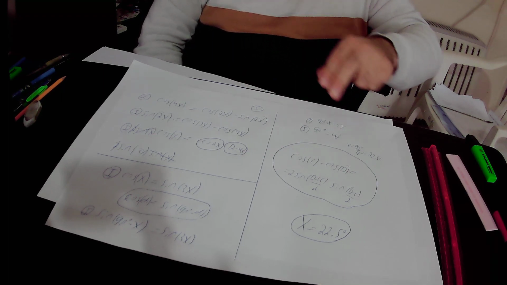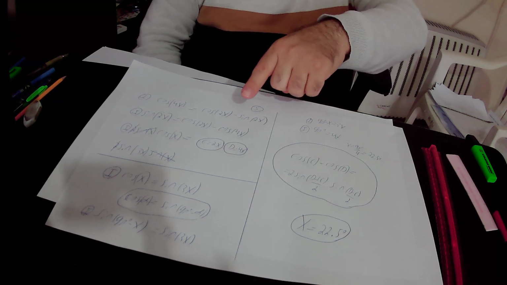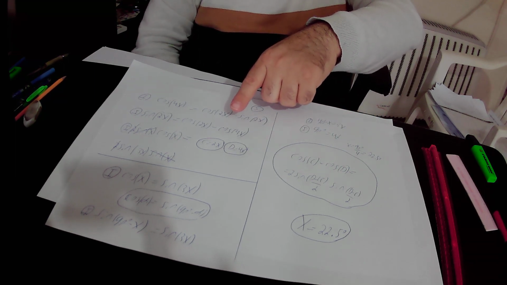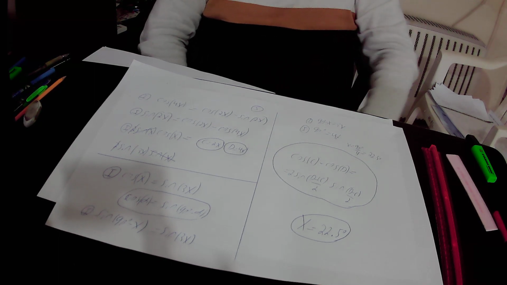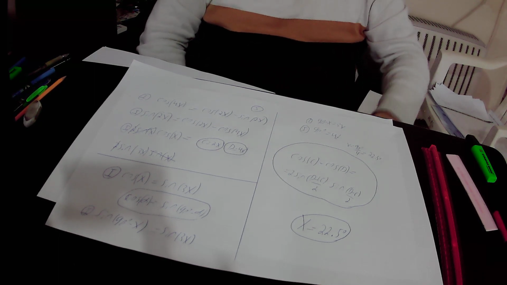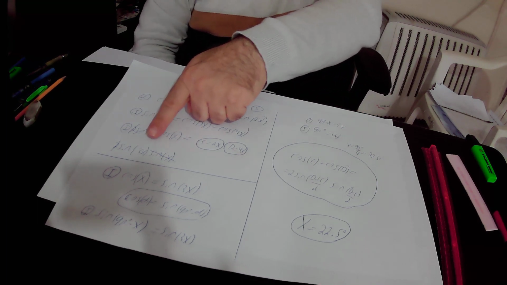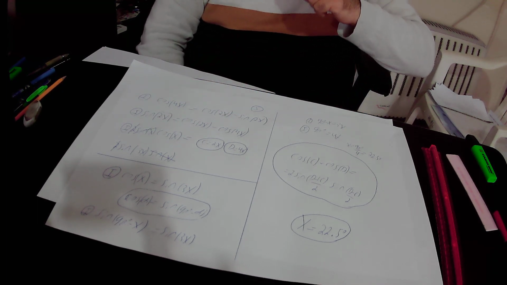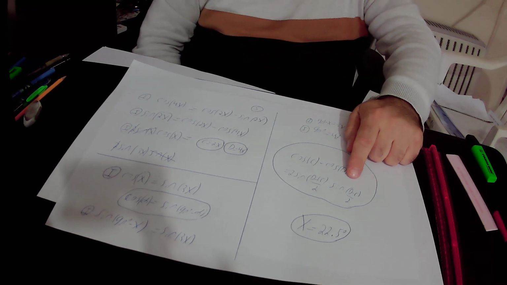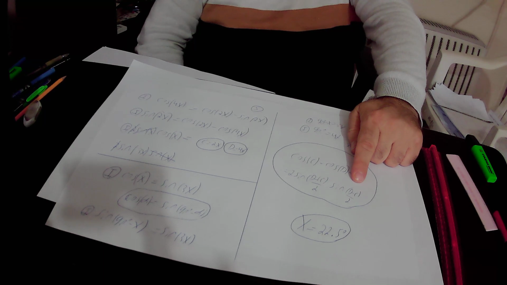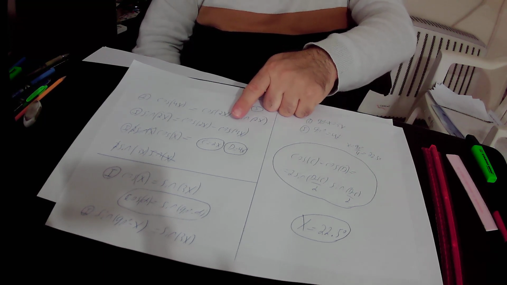So 2 sine (D plus C) over 2 is actually 2 sine (2x plus 4x) over 2. 2x plus 4x is 6x, and 6x over 2 is 3x. So we got 2 sine 3x, and we also must multiply it by sine (D minus C) over 2.